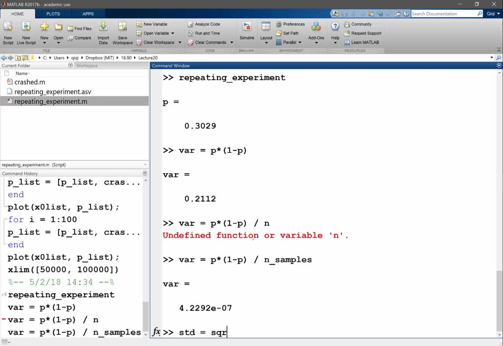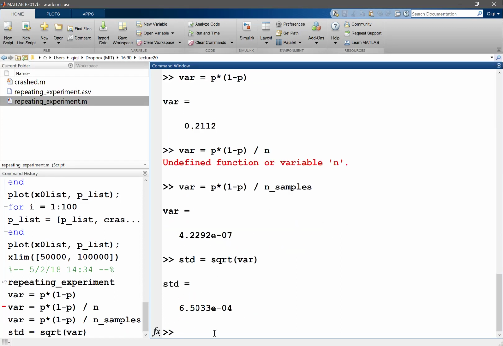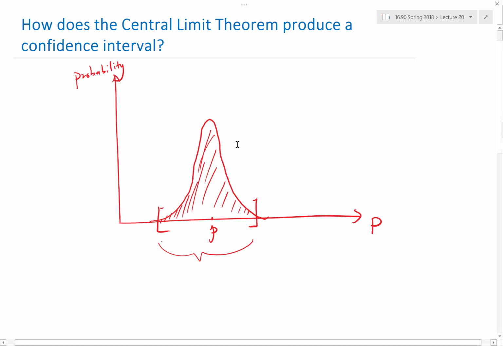So we always want to take the square root of the variance to get the standard deviation, and the standard deviation is about 6 times 10 to the minus 4, in the 4th digit. It is 0.00065. That's the standard deviation of the Gaussian.